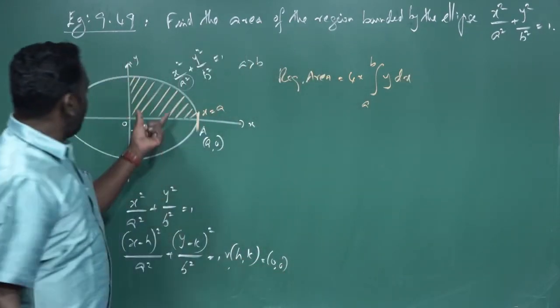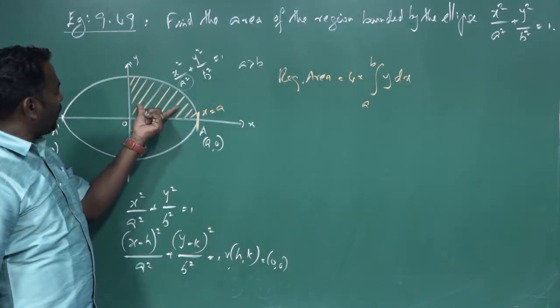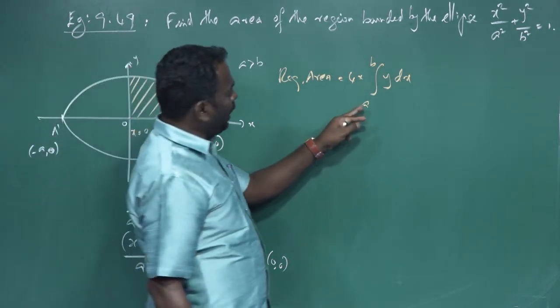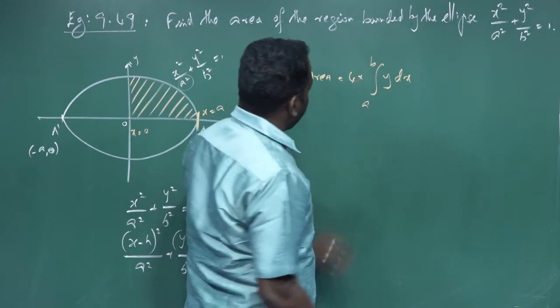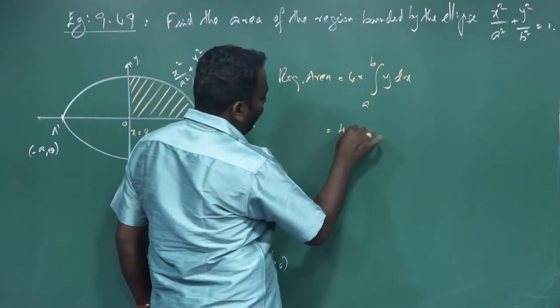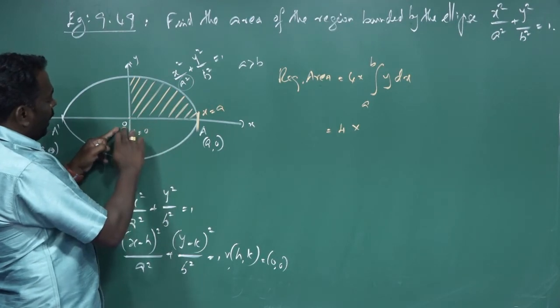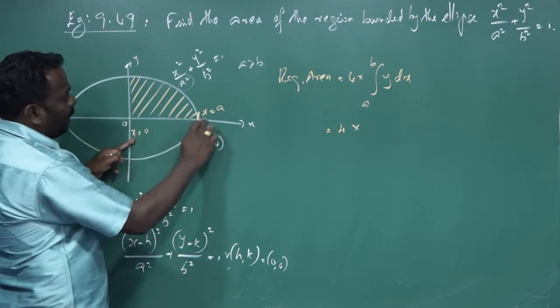Because the area lies in the first quadrant, above the x-axis, we apply the area formula integral a to b of y into dx. This equals 4 into the integral from x equal to 0 to x equal to a.